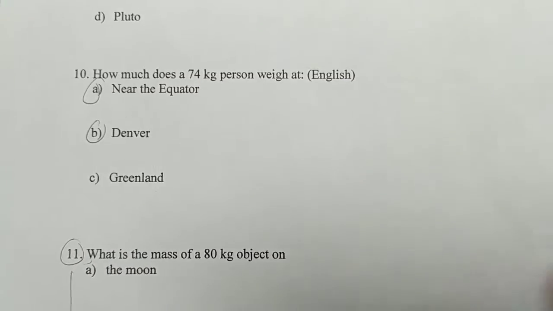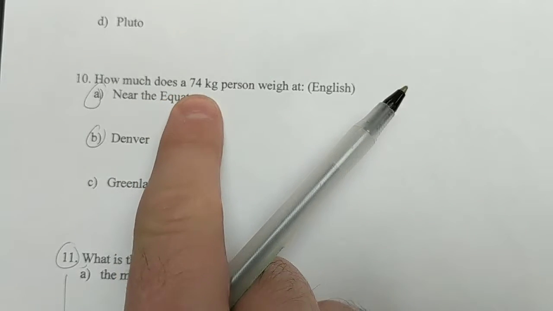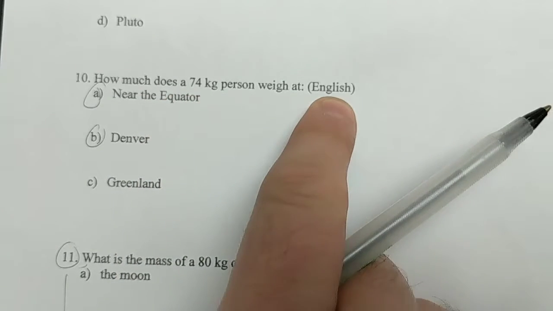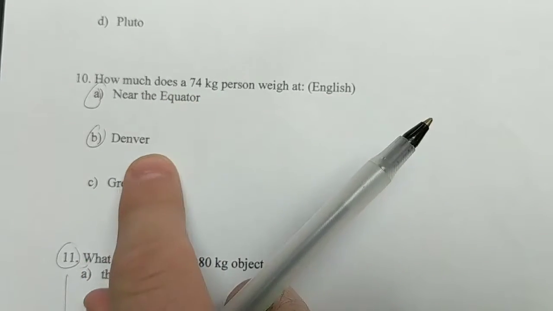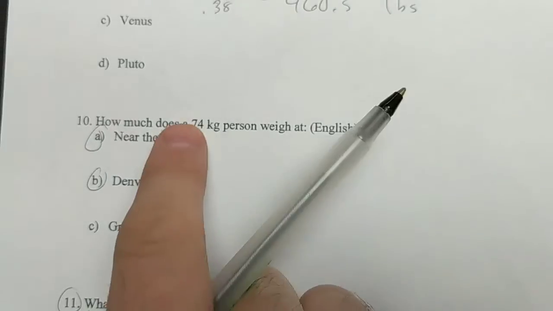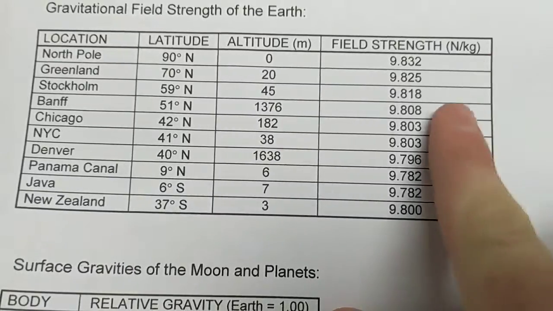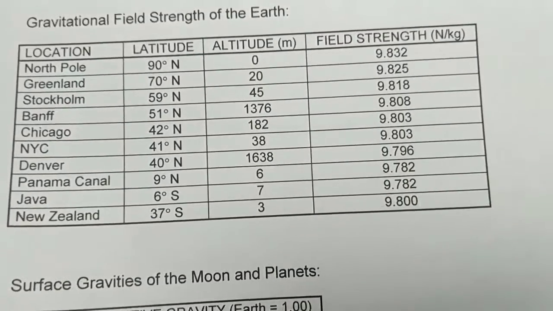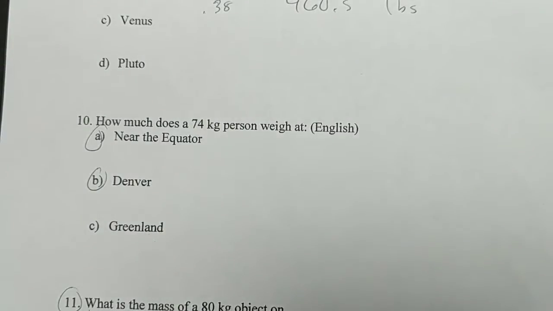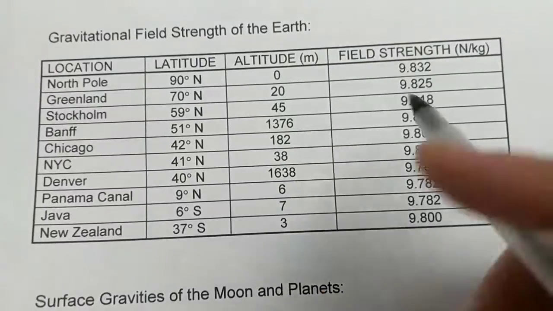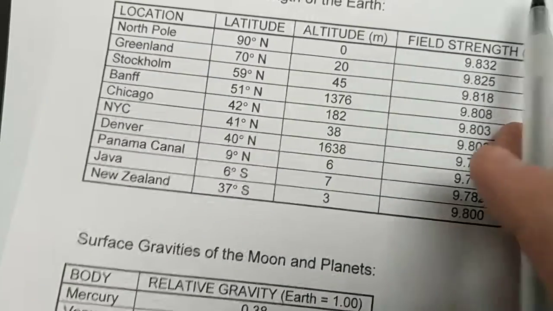Number 10, how much does a 74 kilogram person weigh, and they want this in English units, near the equator, Denver, Greenland? If they give you specific places, you're going to be using this table here with the specific field strengths. If it doesn't say a specific place, you're simply going to assume it's Earth's gravity, 9.8. But near the equator is going to be a latitude that's close to 0.